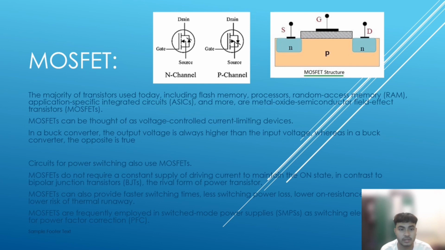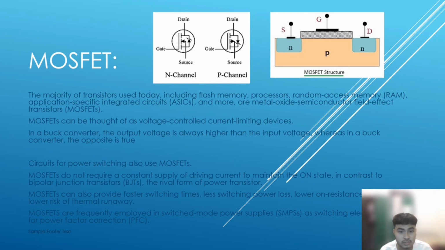Finally, we have the MOSFET. The majority of transistors used today, including flash memory, processors, random access memory, application specific integrated circuits, and more, are metal oxide semiconductor field effect transistors, known as MOSFETs. A MOSFET can be thought of as a voltage controlled current limiting device. In a boost converter, the output voltage is always higher than the input voltage, whereas in a buck converter, the opposite is true.